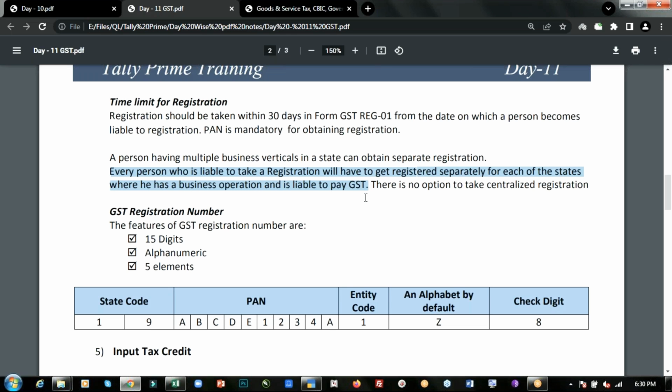Basically, if your business is spread across India, in different states, you have to take registration separately for each state, because there is no option to take centralized registration. You cannot take a registration for the whole country. You have to get registered separately for each state where your business vertical is available.